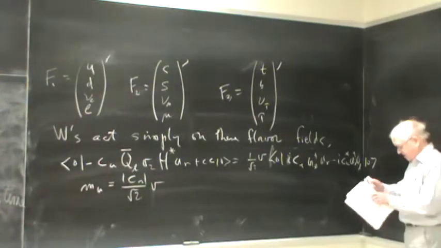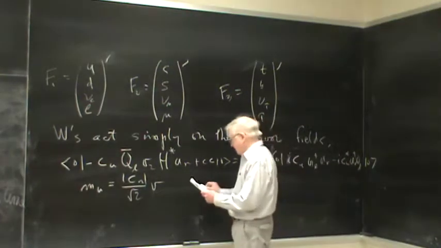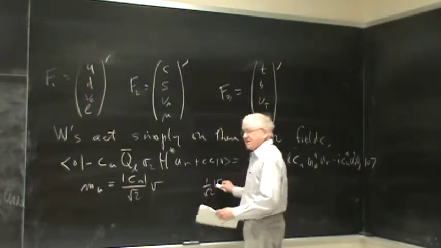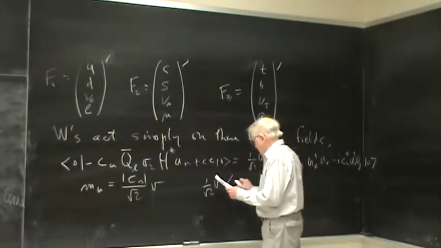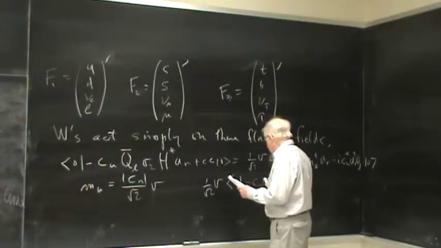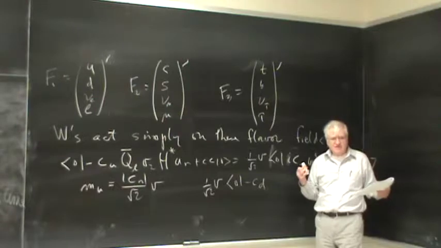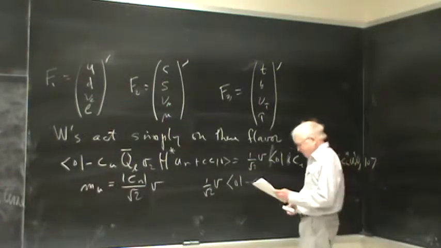The mass term for the down quarks was simpler. It was something like this, 1 over root 2 v. v is 246 GeV or something like that. And then this was minus C_d. C_u and C_d are just parameters that we choose to fit the masses.